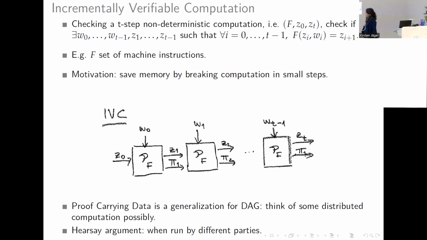As far as I know, when this was proposed, the idea was that this was what is called a hearsay argument. So what does it mean? It means that in each step, you hear that the previous proof was correct. So you don't know the witness. All you have is a proof that the previous computation was correct. And what you do is you continue this chain, right?